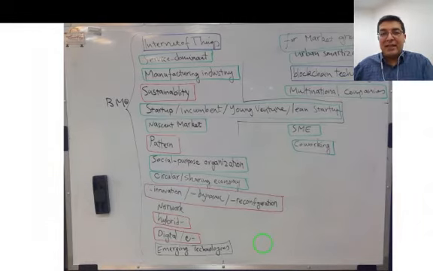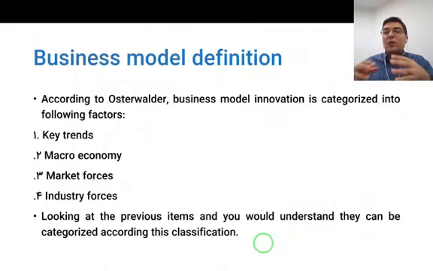If it's about innovation, dynamic, and reconfiguration, it's about some internal modification on business model. If it's emerging technologies, it's about key trends. If you see Internet of Things, it's again about key trends because it's about technology, which is categorized under key trends. So after a while, you understand.